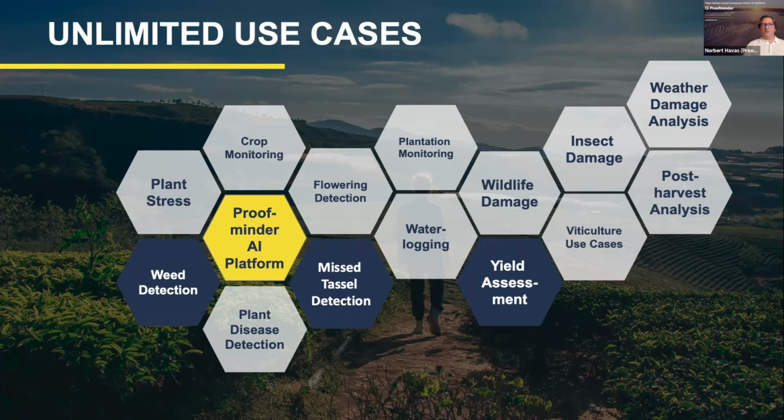It can be used to understand the status of the vegetation. It can be used to assess different kinds of damage done by wildlife, by insects, by weather conditions like wind and rain. Basically, these use cases build the platform that we have.